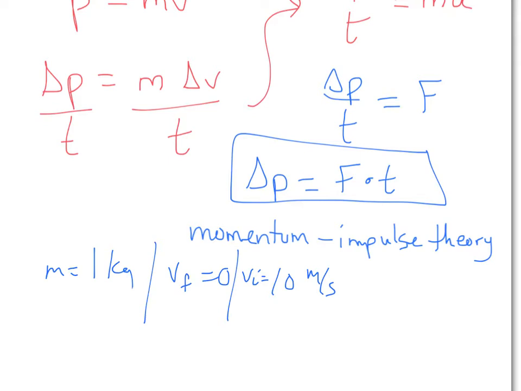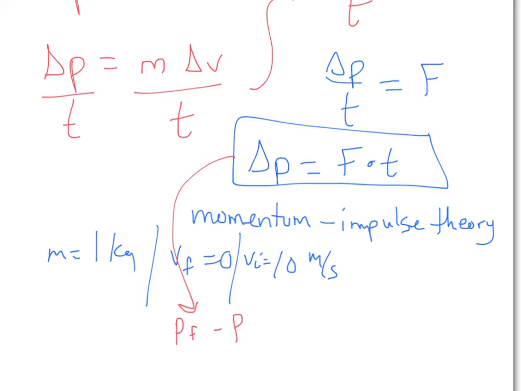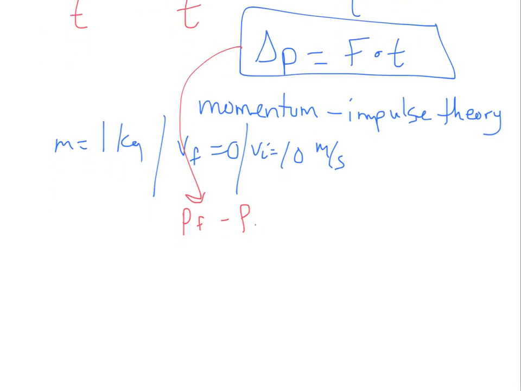So if I wanted to find my change in momentum, remember change means final minus initial. And that's a lowercase p, by the way. So my change in momentum is m times vf minus vi.